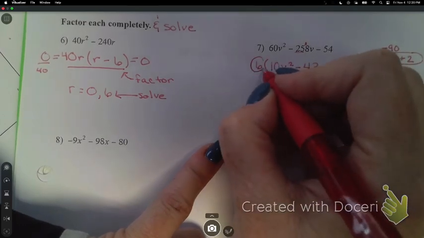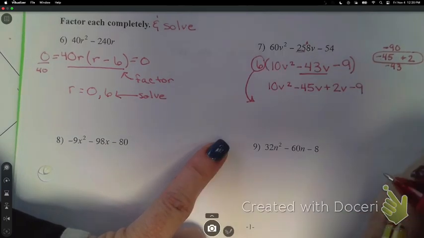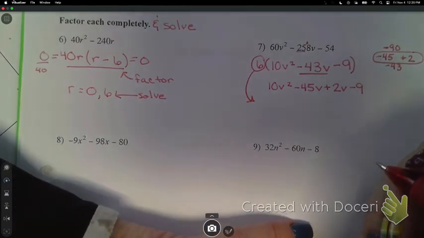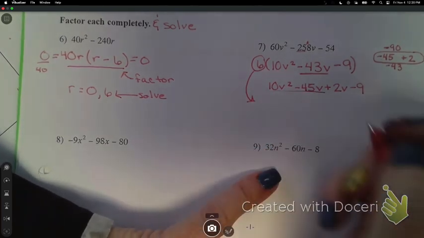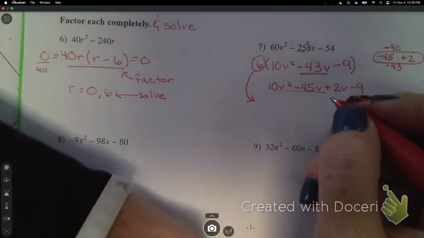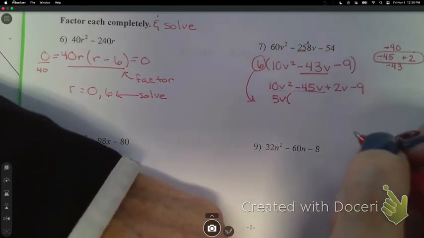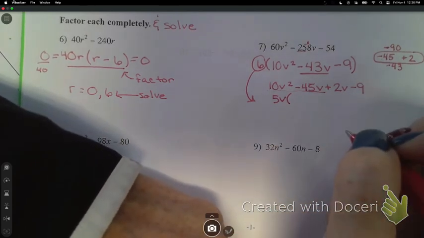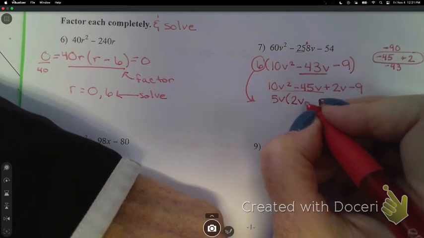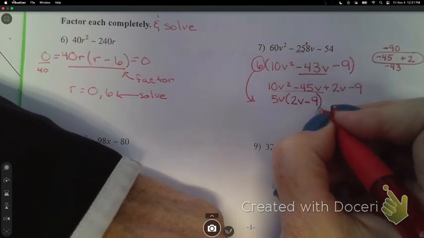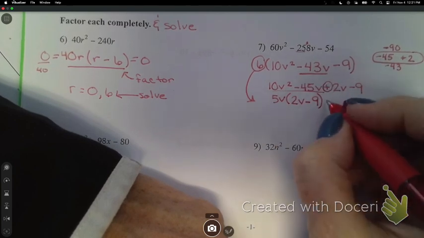This 6 will come down to our answer, but we're not going to do anything with it. Remember factoring by grouping, right? So what do the first two have in common? They both have a v and a 5. So I have 5v. So what do I have left? 2v minus 9. The next one, whatever this sign is, is what you put.